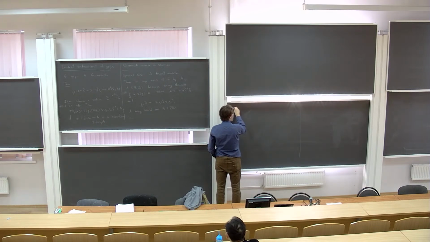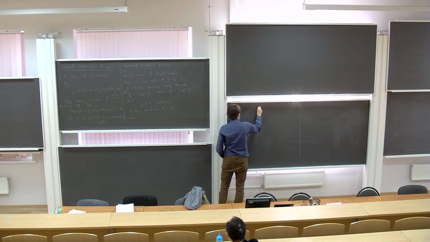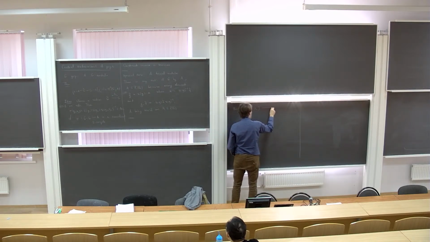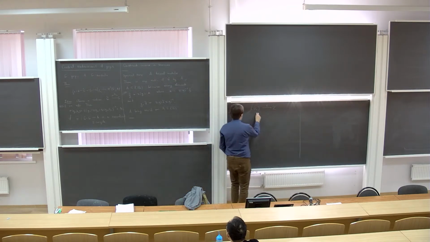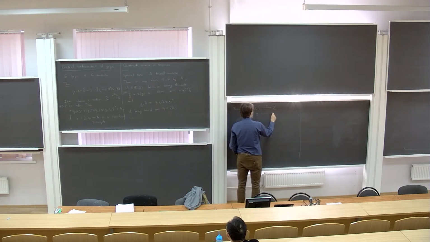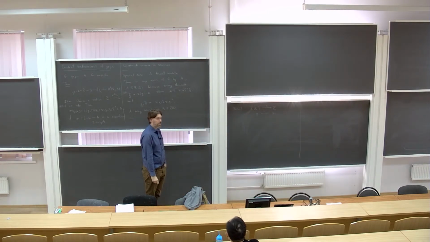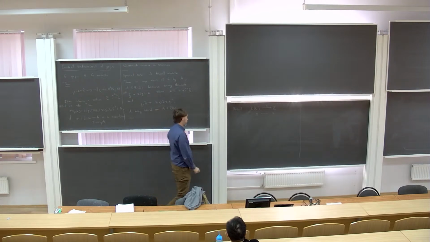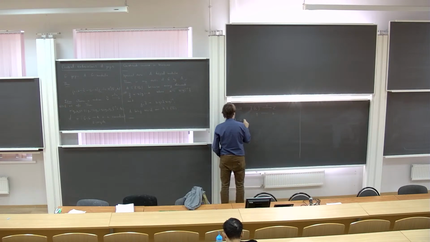So what does trivial mean? Recall, I have the augmentation homomorphism, and this sends G to 1. A trivial module is one that's restricted along this homomorphism.